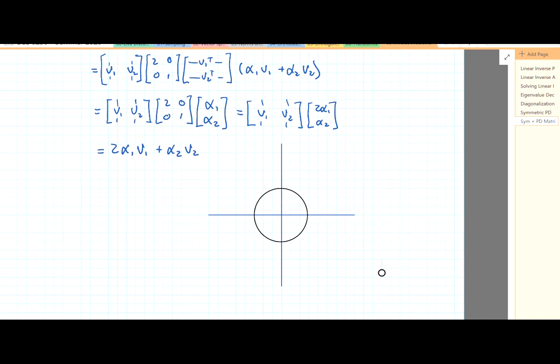We're dealing with this, the set of all x where the norm of x is equal to 1. And it's going to be spanned by two vectors. Who knows exactly where they'll be, but they'll be orthogonal to each other. So we're going to call this one v1, and that one we'll call v2.